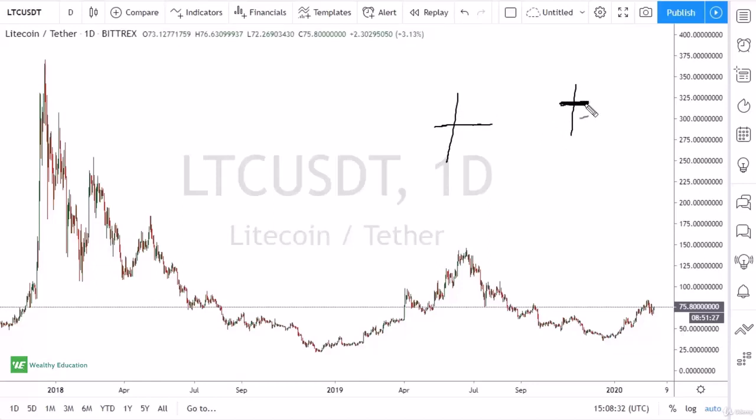So really at the end of the day though, you should assume that these two mean the same thing, because essentially what they do mean is that the market is undecided during that time period. In this case, it would be Litecoin on the daily chart. There are a few other ones. There's a gravestone doji, which means that the market rallied and then broke back down during the day.